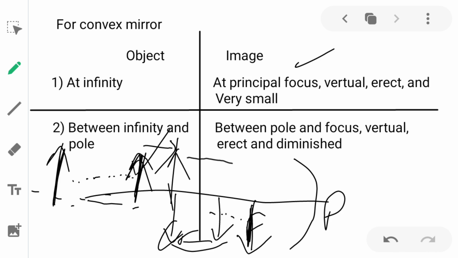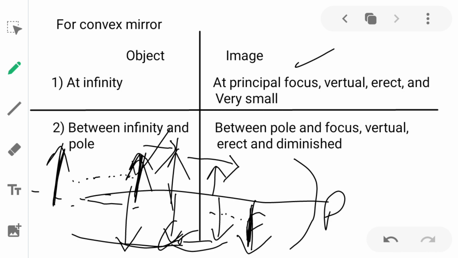Now we move the object towards the mirror, between C and F. Our image moves away from the mirror, beyond C. As our object moves towards the mirror, the image moves away from the mirror.